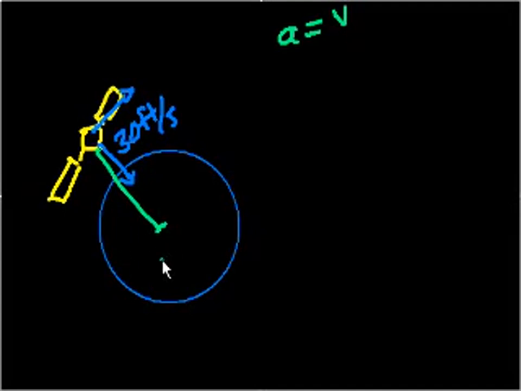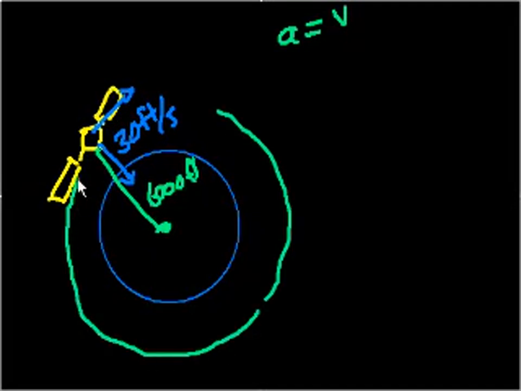Let's say the object is 6,000 feet from the center. And when we learn gravity, we'll learn it actually. The radius that you're going around is relative to the center. Well, actually, it's always going to be, right? Because this is the circle. So the radius, this is the center of that circle. You don't have to worry about that. It has nothing to do with gravity.